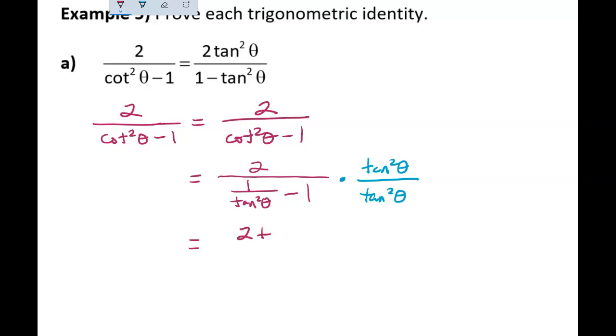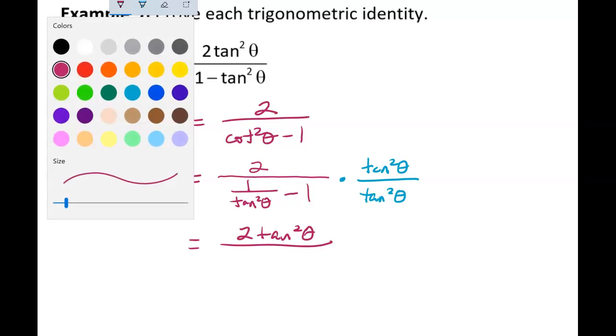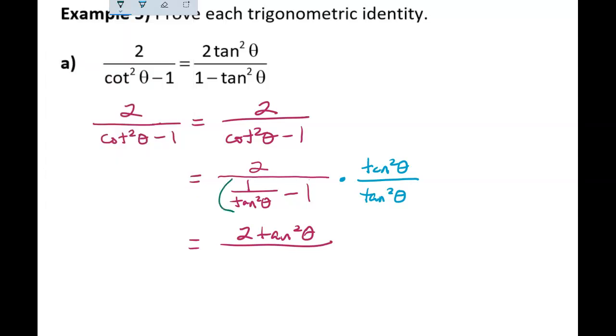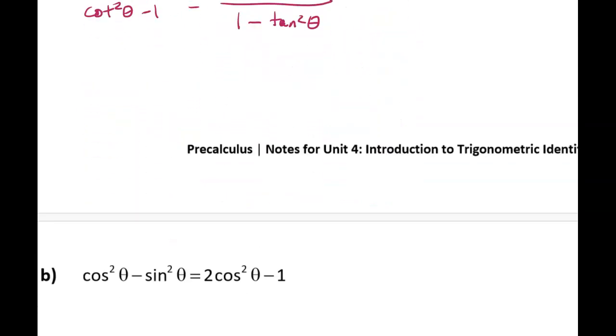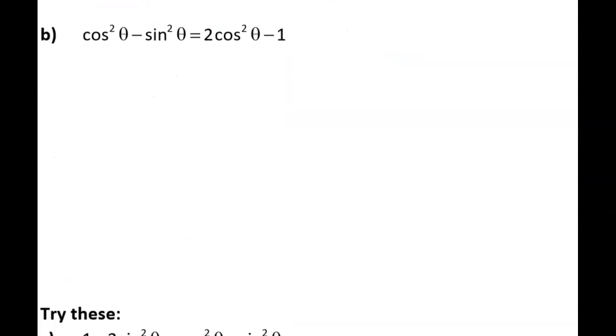So multiplying the numerator, we get 2 times the tangent squared of theta, and in the denominator we have to remember to distribute that tangent squared of theta to both of those terms. 1 over the tangent squared of theta times tangent squared of theta is 1, and 1 times tangent squared of theta is tangent squared of theta. And suddenly we have the trig identity that we were trying to prove. Let's move on to B.